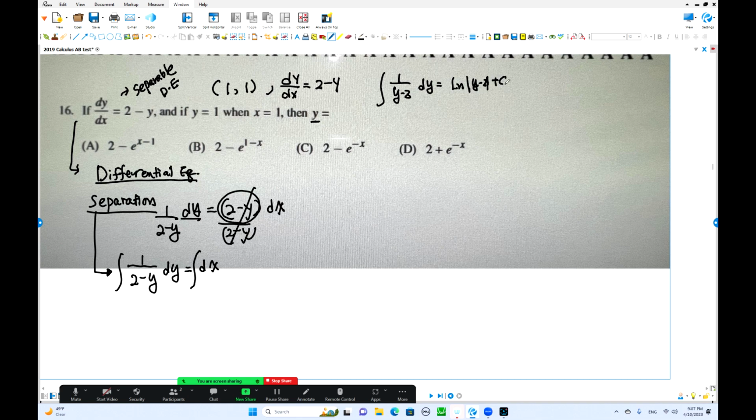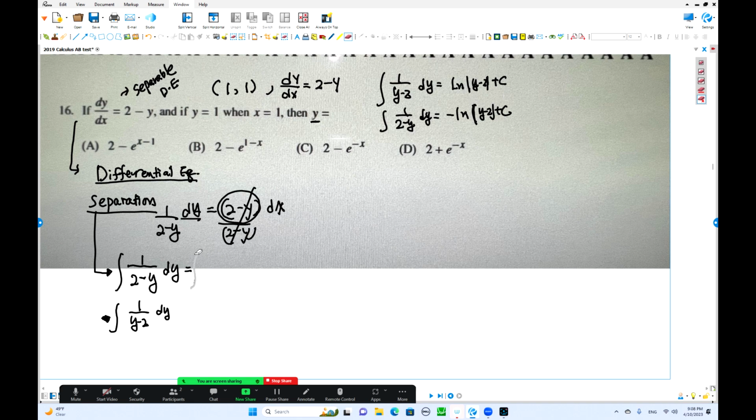If we have 2 minus y over here, this is minus ln of y minus 2. Or you can take the negative sign to the front. That is why, from the beginning, when you have 2 minus y there, this negative sign moves to the other side.